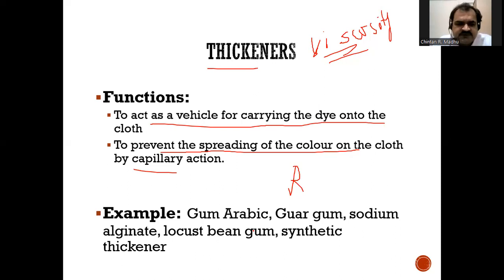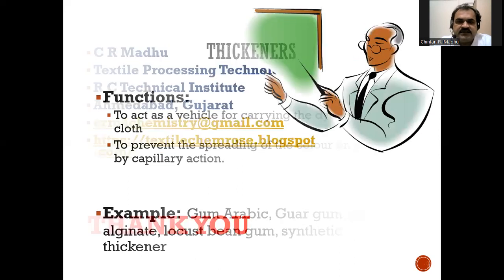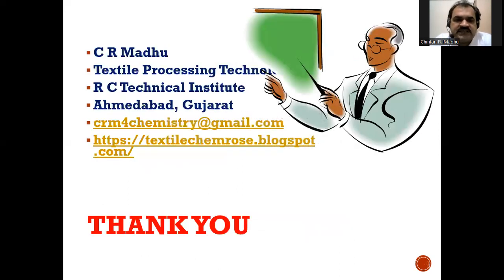Sodium alginate also works with chemicals and forms a different structure. The viscosity of each gum, and why synthetic thickeners came into the picture, these are all the things we will discuss in our upcoming lecture, where we give the whole session to thickeners only. So these are the chemicals which we require in our printing paste.